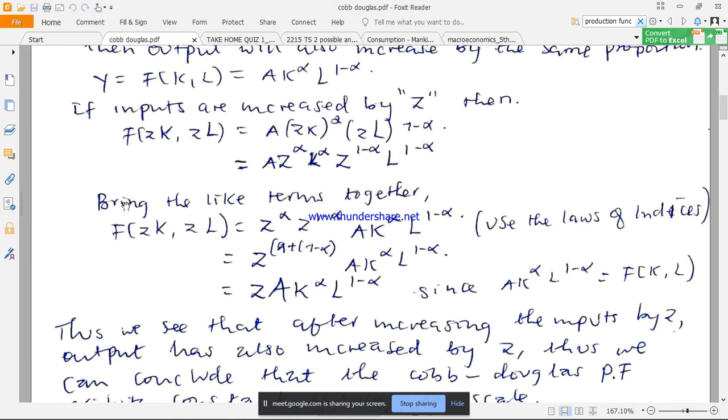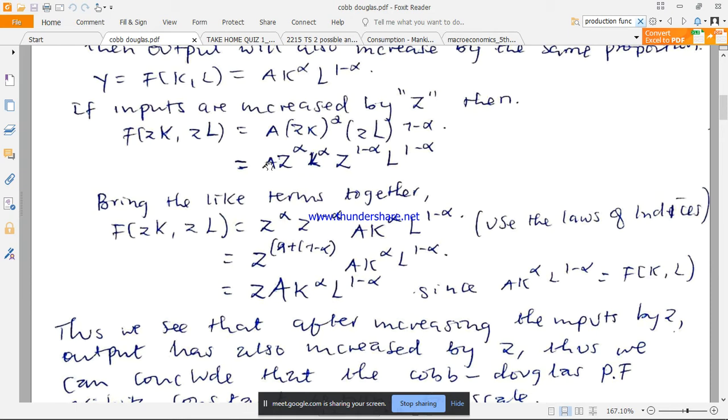Okay, thank you. Now, after this step, we bring the like terms together. Mind you, this A is multiplication. That's why I say 3 times 2 is 6, and 2 times 3 is still 6. It doesn't matter which one you start with. So this z and that z must be collected together.